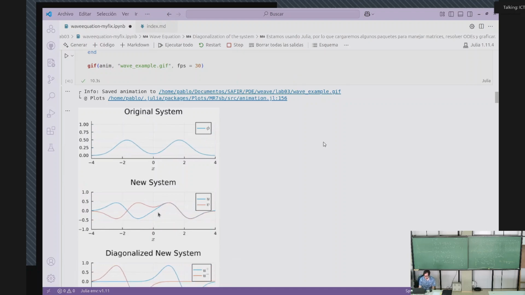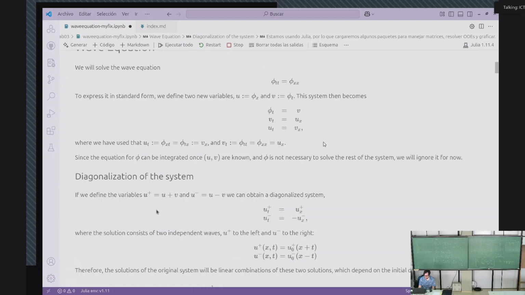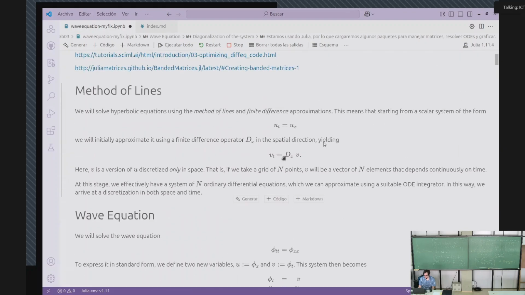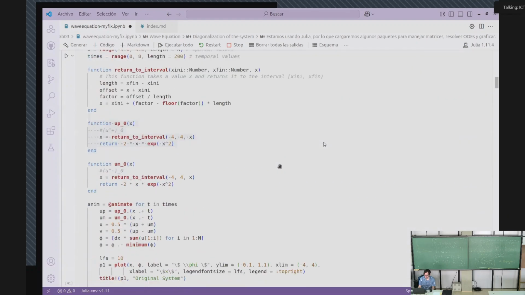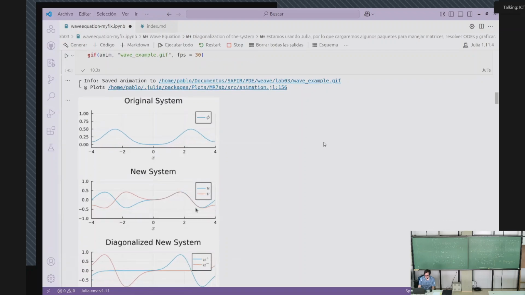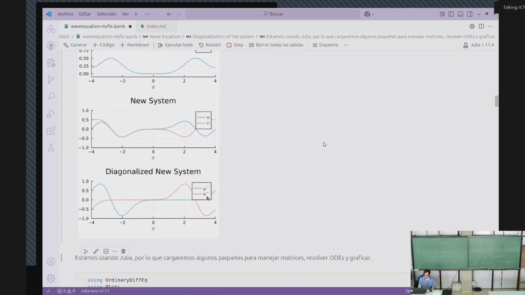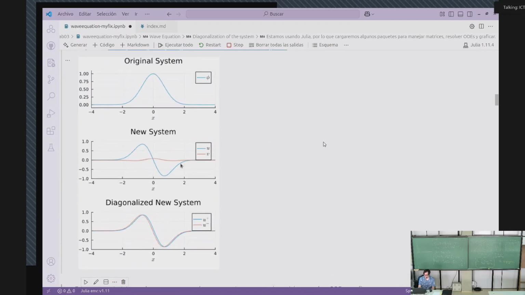These are the u and the v values. Remember that u is the spatial derivative of phi and v is the time derivative of phi, right? So these are the two variables that we will evolve, and these are u plus and u minus, which are a linear combination of these two.